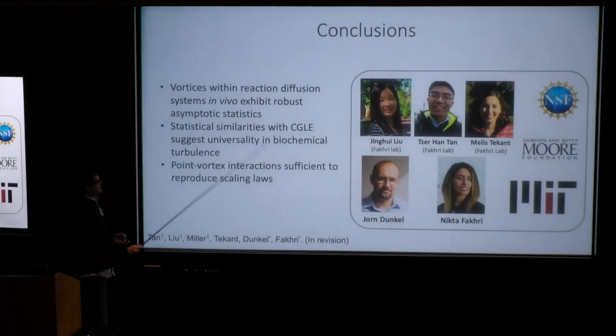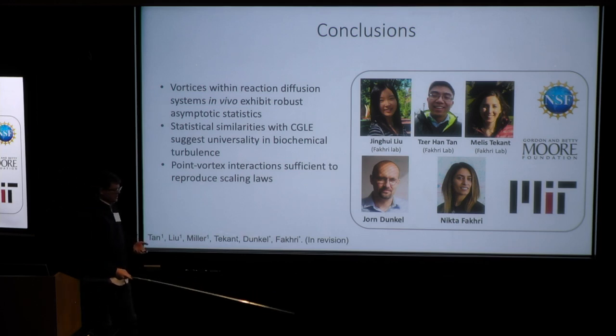So just to summarize what I had to talk about, the vortices within reaction diffusion systems in vivo exhibit robust asymptotic statistics that don't depend on the specific morphology of the chemical reaction spirals that we're observing. In a variety of states, they have the same statistics.